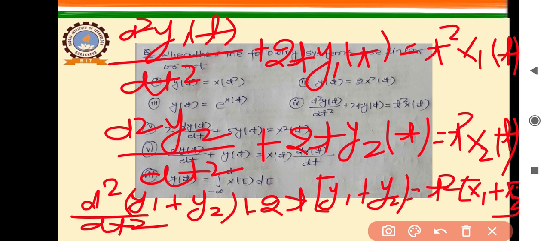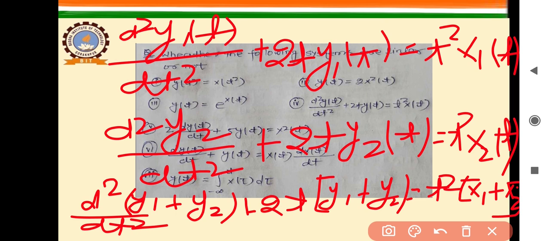In the next step, I will replace x by x1 plus x2.